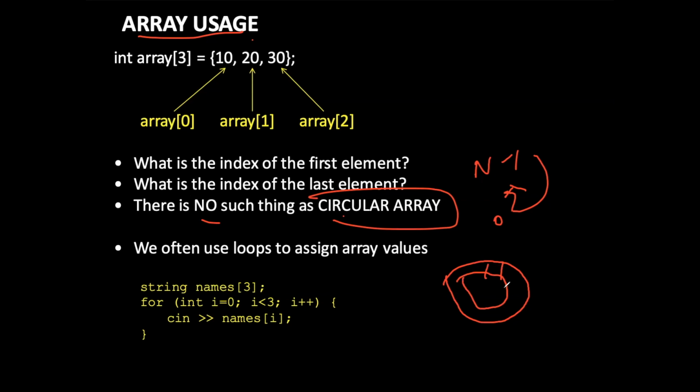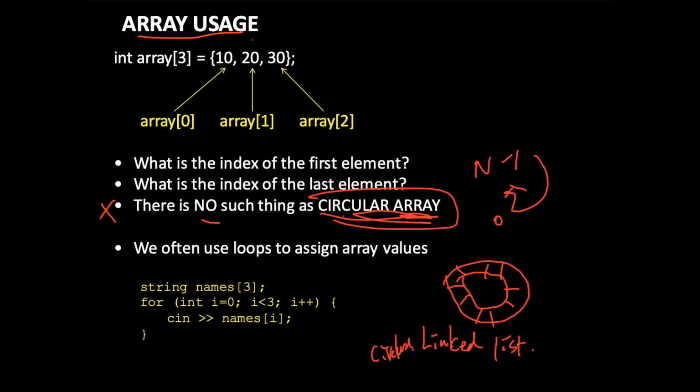In fact, there's such a thing called a linked list. In this case, we have a circular linked list, but there is no such thing as a circular array. I just want to debunk the fact that lots of times people talk about circular data structures. There's no circular array as a data structure.